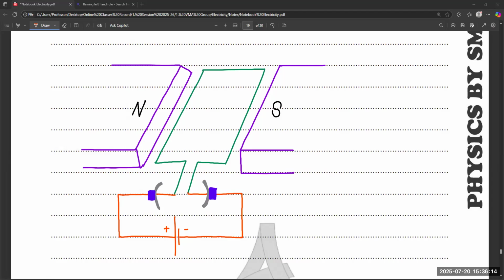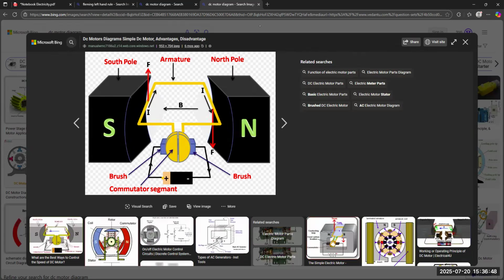And if I show you this setup in a proper diagram, because this is on paper only, but if we consider a little bit of a 3D diagram that is given in the books also. Okay, this is the diagram basically.